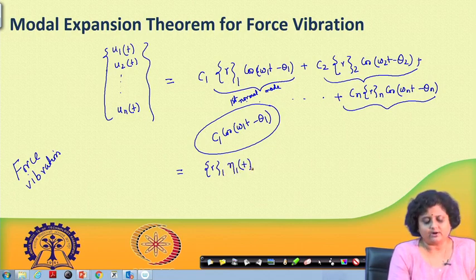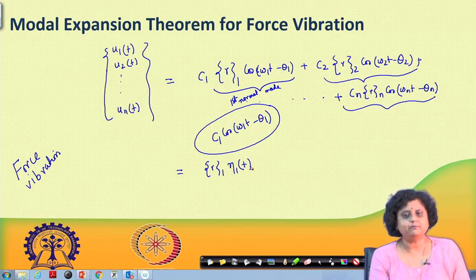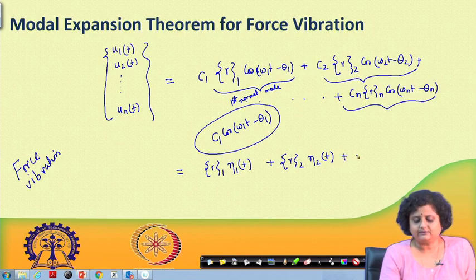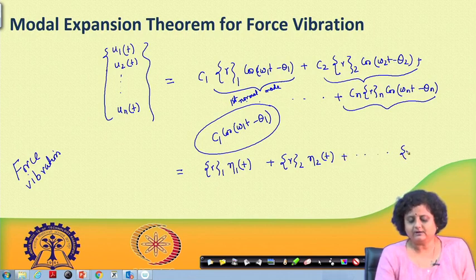I do not know eta 1; eta 1 t is just some function of time. Then I will write R2 into eta 2 t, plus so on till the nth mode shape into eta n t.